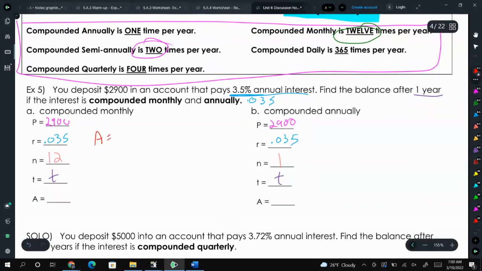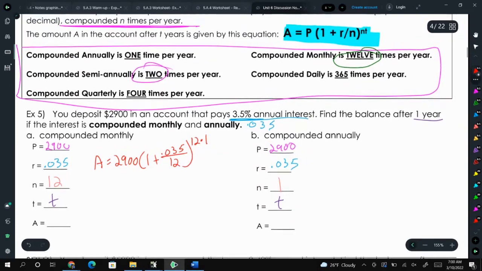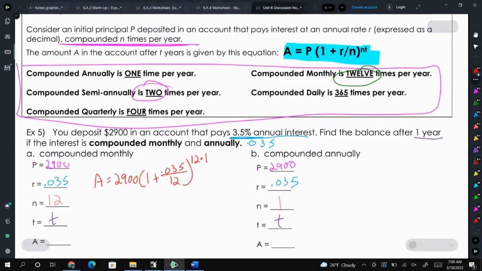So A is equal to 2,900 times 1 plus 0.035 divided by n, which is 12, raised to the 12 times 1 power, because the formula says nt, n times t. Oops, I'm sorry, down here t should have been 1.